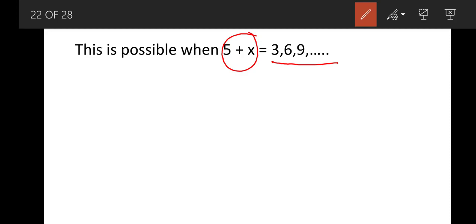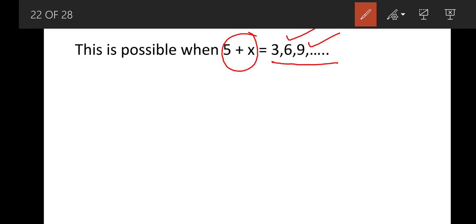Dear children, from this 5 plus x, what can be the possible values of x? If I take x equal to 1, the sum will be 5 plus 1, that is 6. It is a multiple of 3. If I take x equal to 4, then it is 5 plus 4, that is 9, which is again a multiple of 3. If I take x equal to 7, then 5 plus 7 will be 12, which is again a multiple of 3.